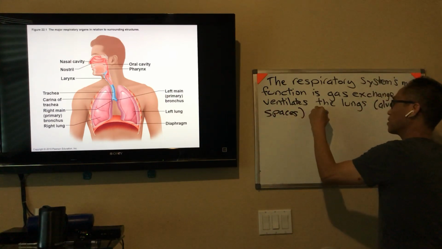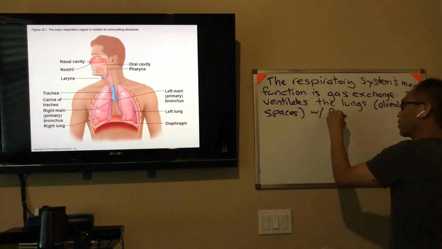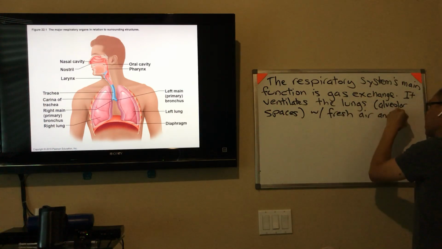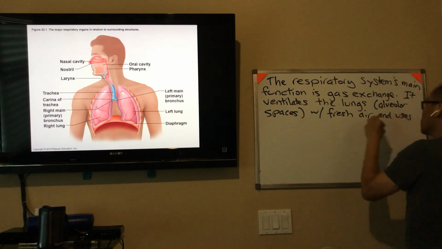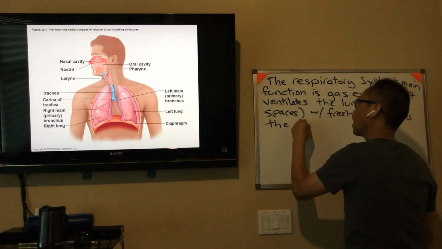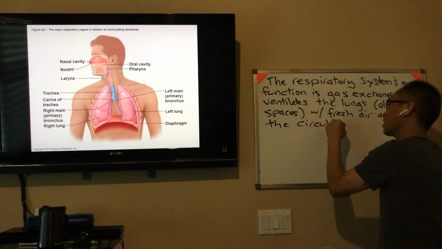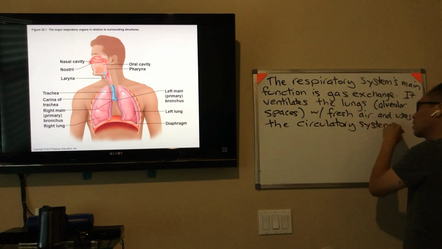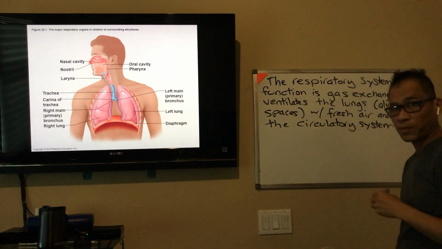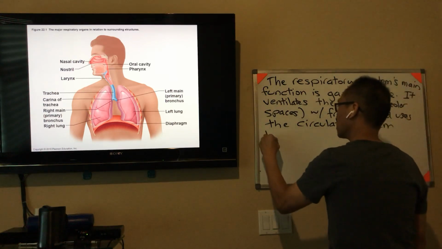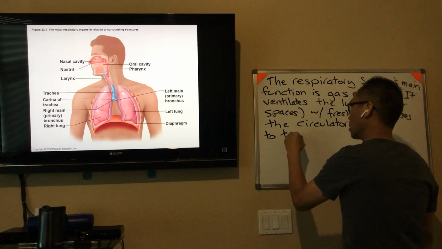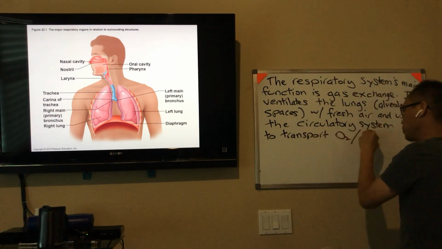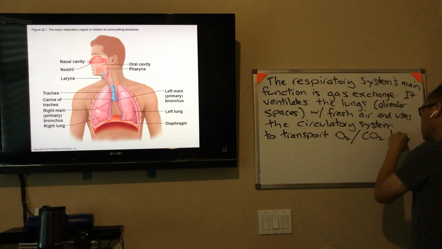So it ventilates the lungs, alveolar spaces with fresh air, and uses the circulatory system to transport the gases, which are O2, CO2, long distances.